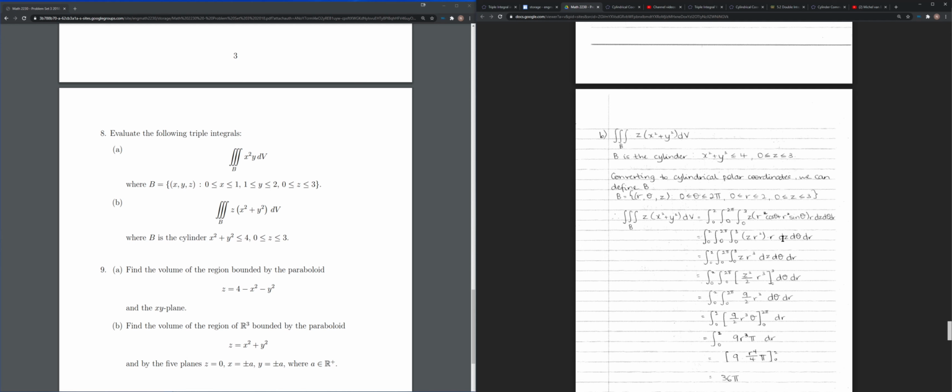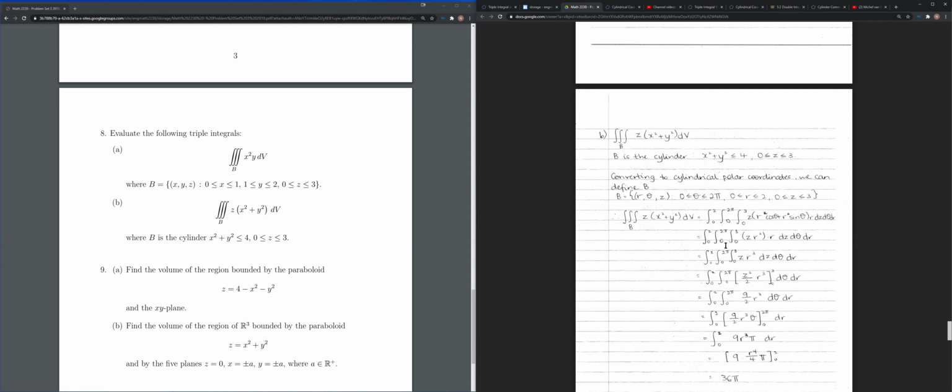We integrated with respect to z, theta, and r, so your limits of integration for z would be 3 and 0, for theta would be 0 and 2 pi, and for r would be 0 and 2.